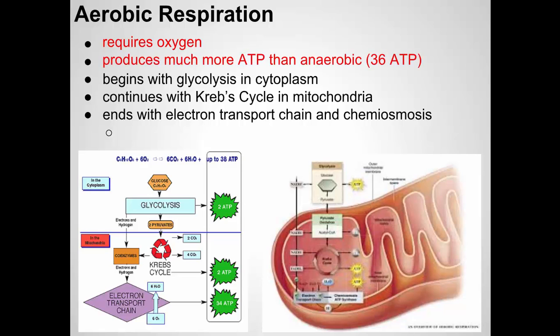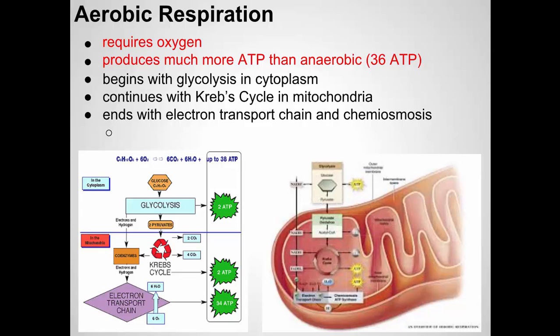So aerobic respiration can produce much more ATP than anaerobic respiration. Aerobic respiration can produce 36 ATP molecules for each molecule of glucose. And the process starts off just like anaerobic respiration. It starts off with glycolysis.